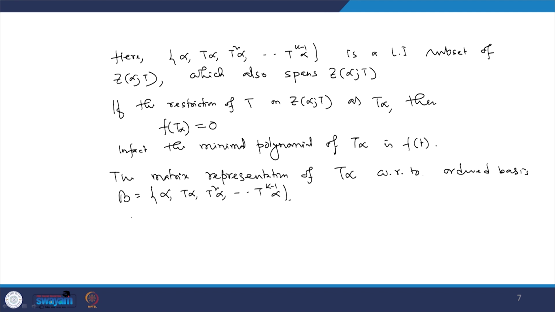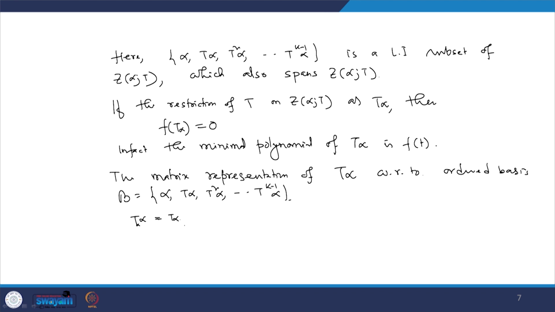So, I am writing T of alpha, if I consider T_alpha of alpha, that is equal to t alpha.